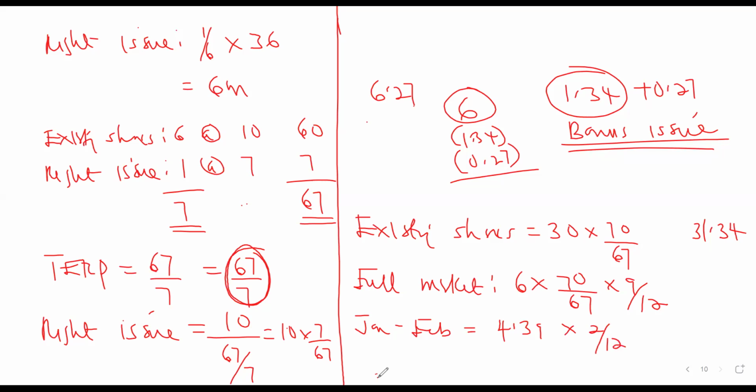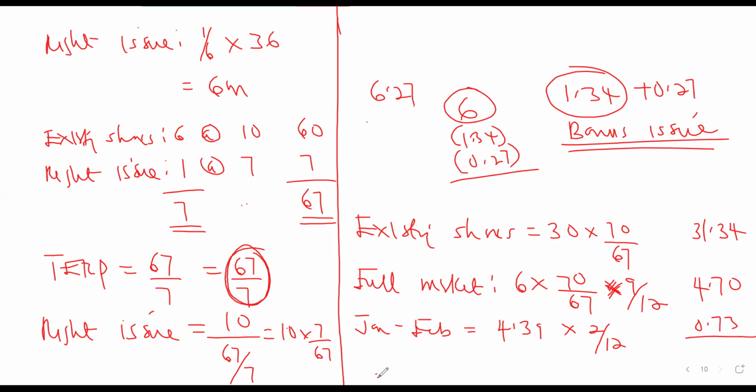Then we go to the other one about this one. You'll be getting the same answer. The one that you like, you can pick any of them. There is no one way of calculating your work. So 6.27 multiplied by 9/12, I'm getting 4.70. 4.39 multiplied by 2/12, I'm getting 0.73.